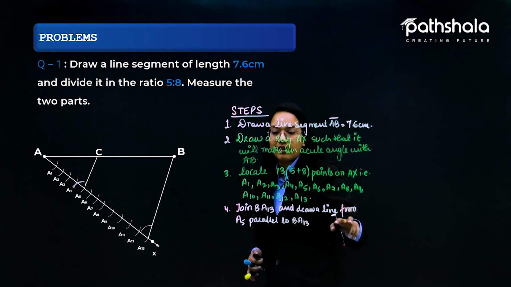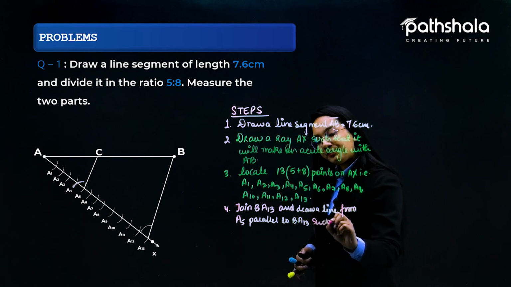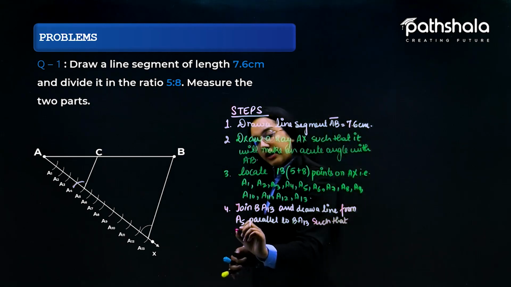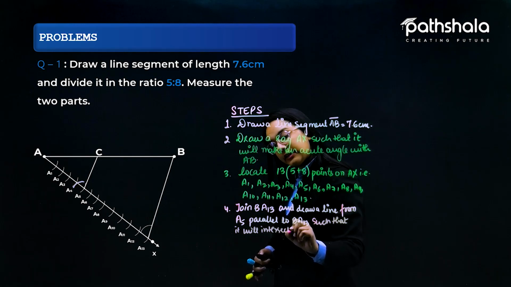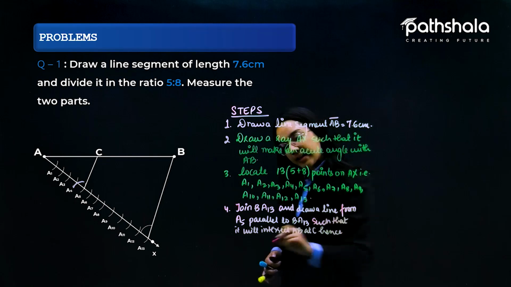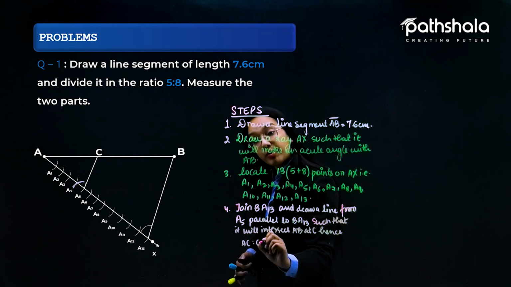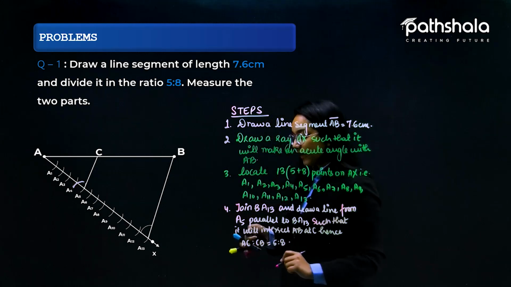So: join BA13, draw a line from A5 parallel to BA13 such that it intersects AB at C. Hence, AC is to CB equal to 5:8.